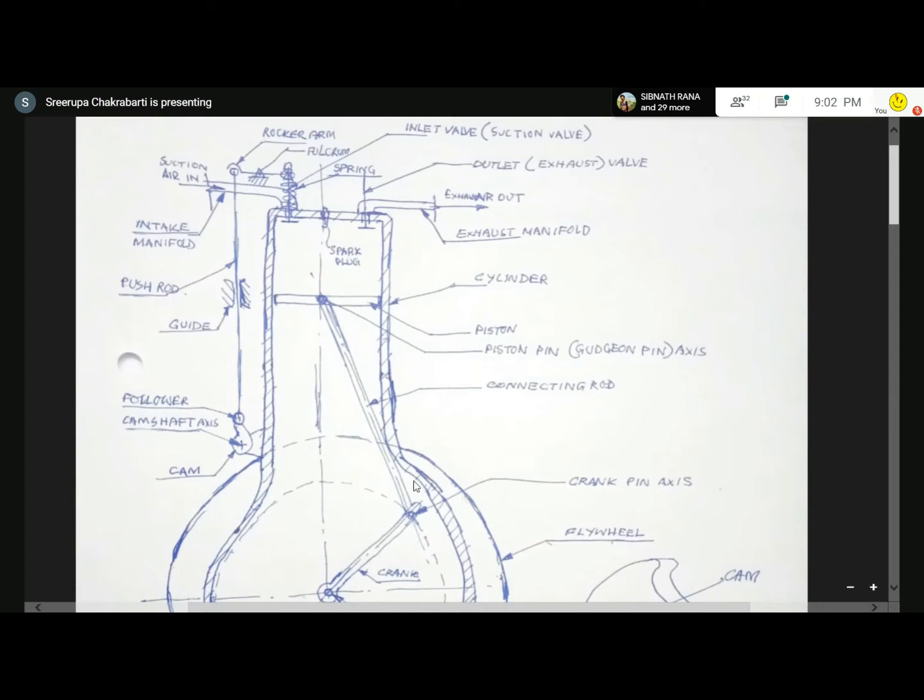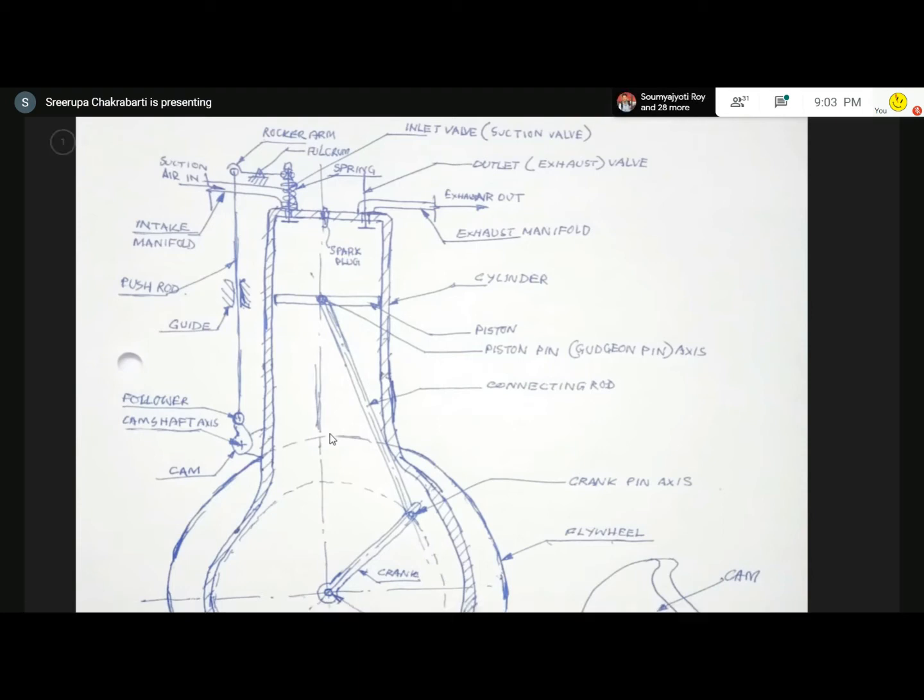And after the expansion, there will be exhaust. After the expansion, both the valves are closed, then the exhaust valve becomes open. The piston once again moves from bottom to top, that is, from the bottom dead center to top dead center, thereby expelling the gases through the exhaust valve. So this is a cycle: suction, compression, expansion, exhaust.